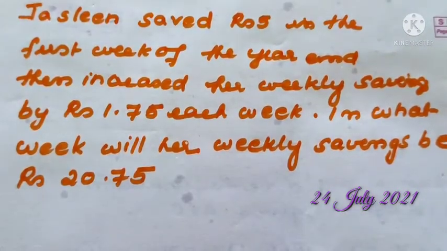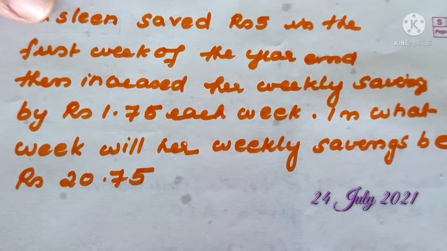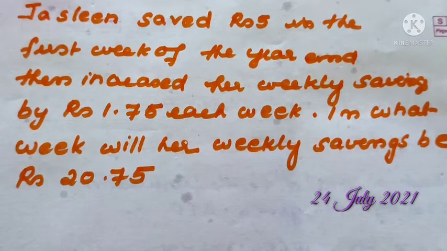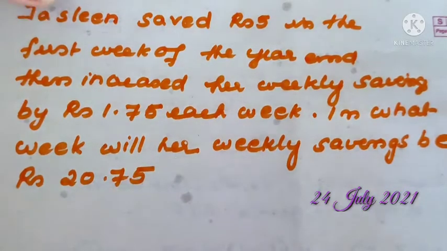Jesslyn saved rupees 5 in the first week of the year, then increased her weekly savings by rupees 1.75 each week. In what week will her weekly savings be rupees 20.75? That means first she saved only rupees 5, then later on she increased the savings every week by 1.75. So clearly it is an AP.